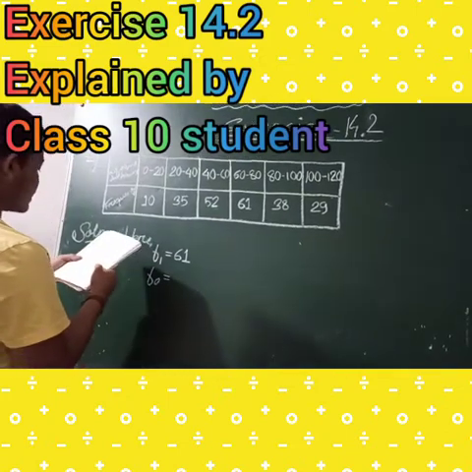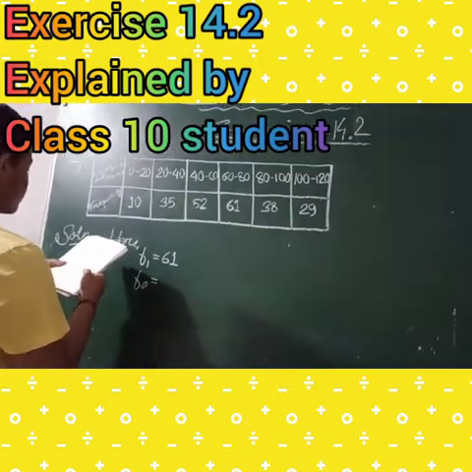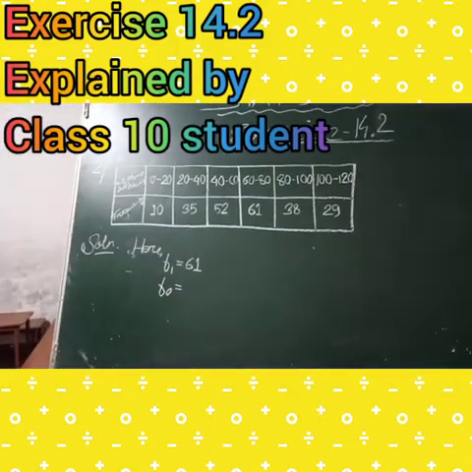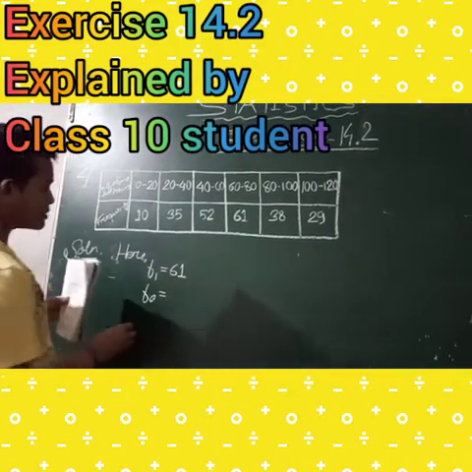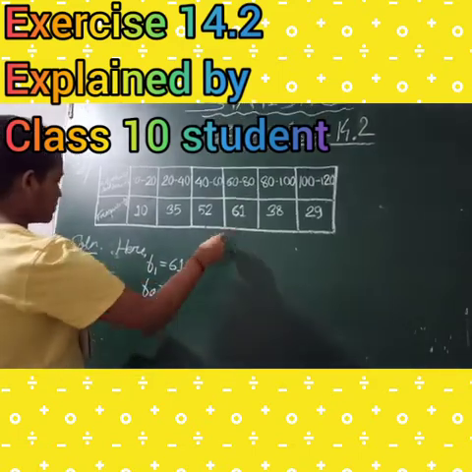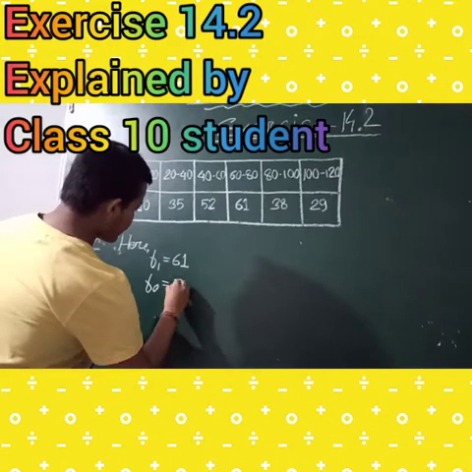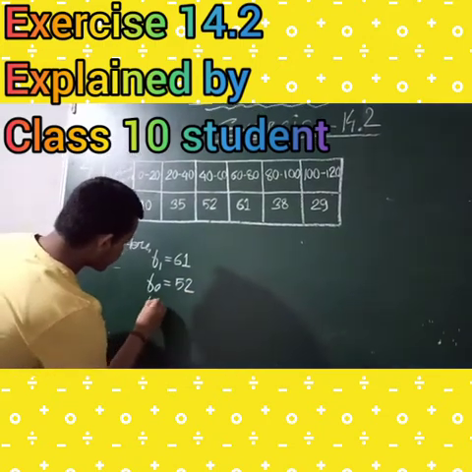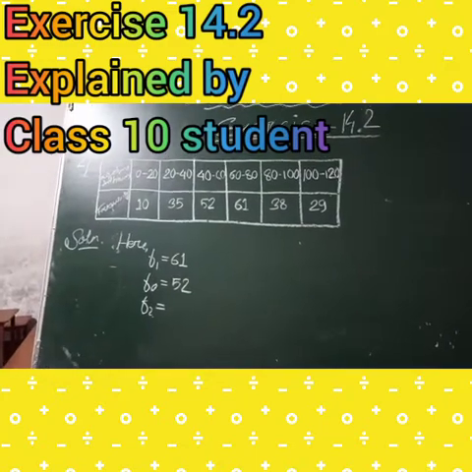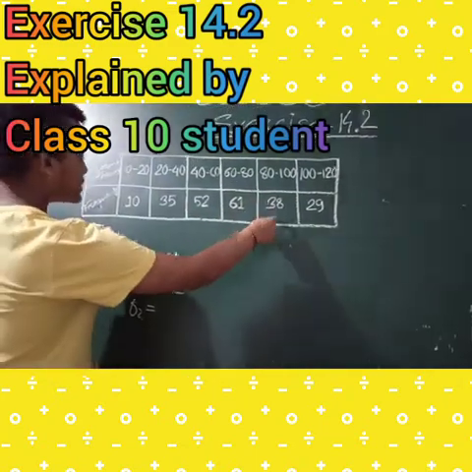And secondly, F0 is the preceding frequency, that is 52, which comes before the highest frequency. And F2 is the succeeding frequency, which comes after the highest frequency, that is 38.